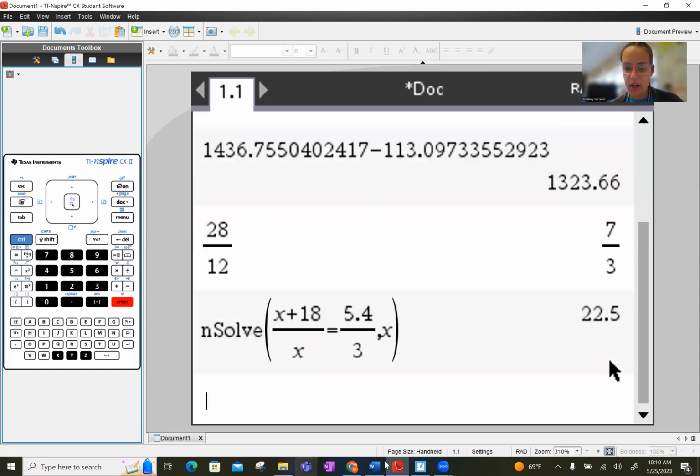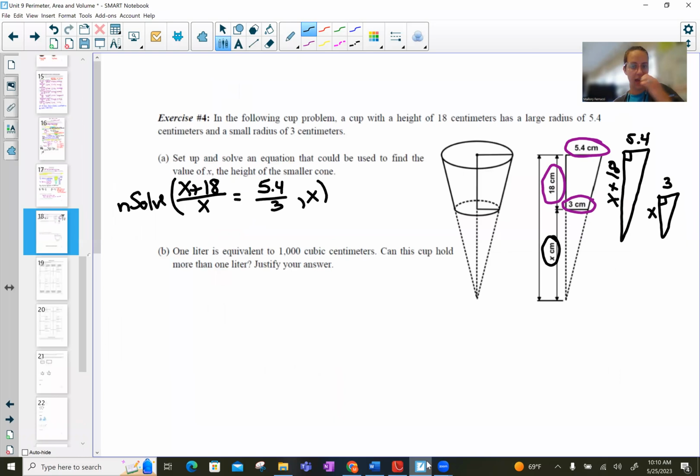And you get 22.5. So that height, x, is 22.5.